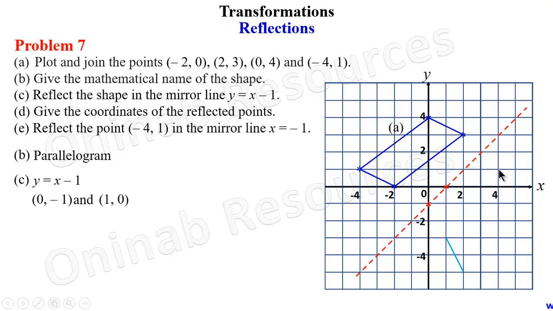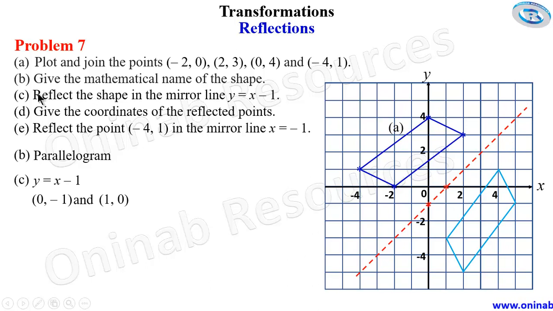So we have the opposite side of the parallelogram to be this. We then join the points to form the image. So we join from here to this place, and also from here to this place. This is the image of the object after a reflection in the mirror line y equal to x minus 1.